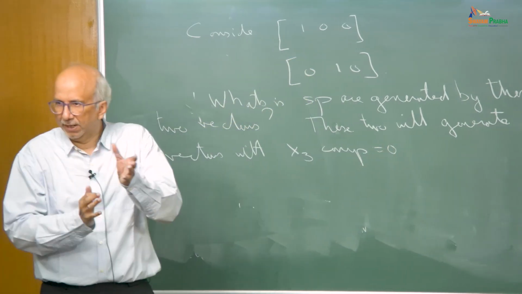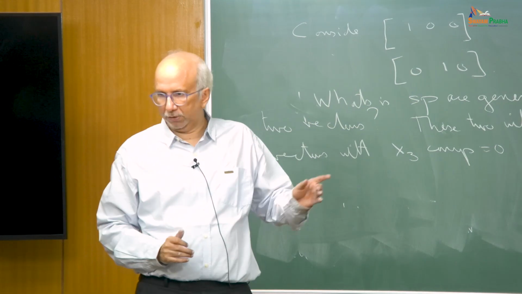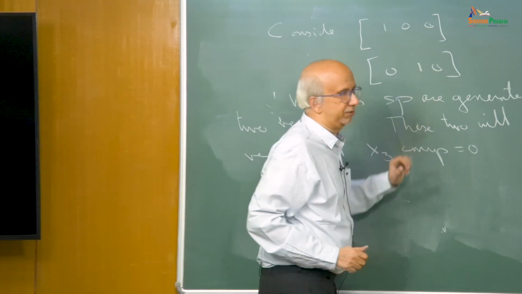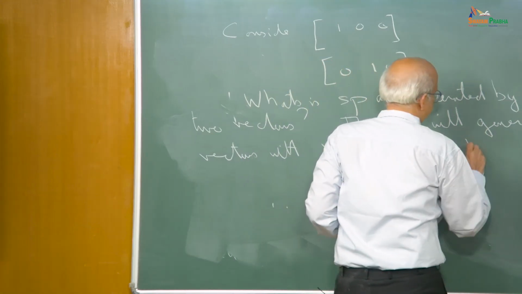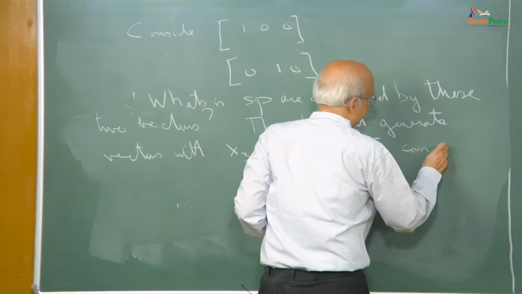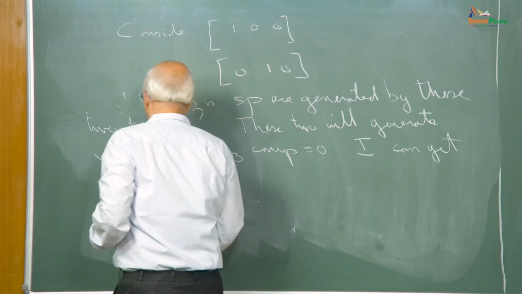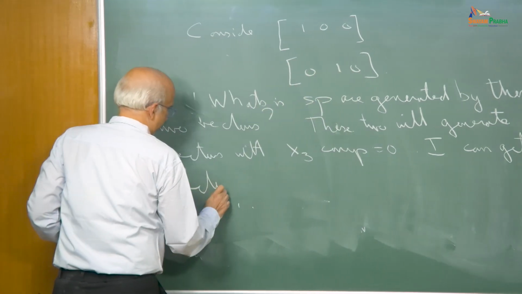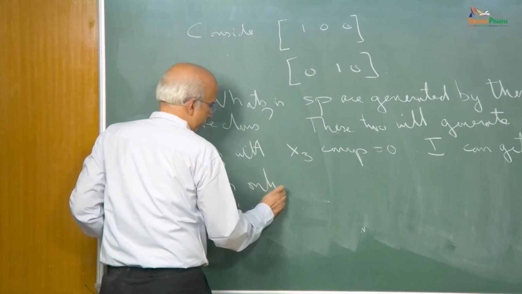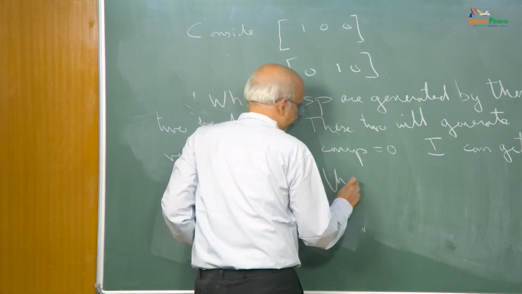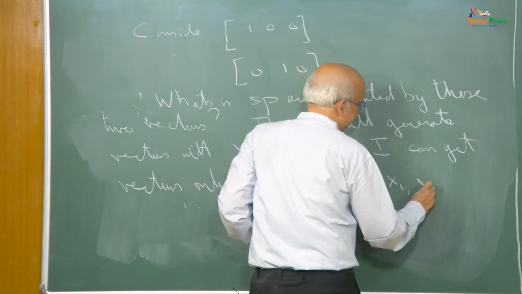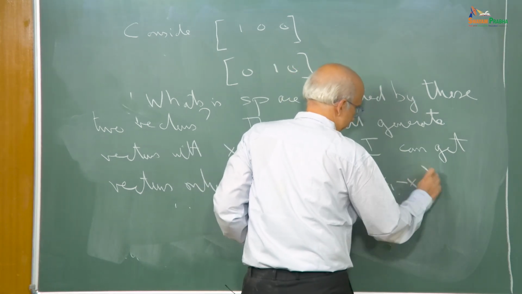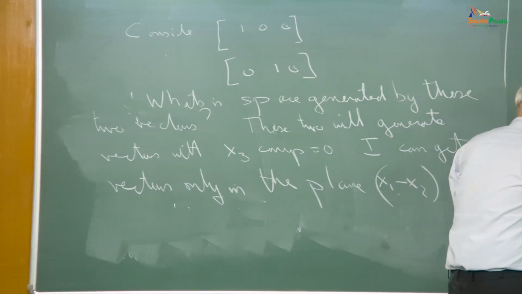I cannot get a non-zero x3 component because this also has 0, this also has 0, okay. So, I can get vectors only in the plane of x1, x2, okay.